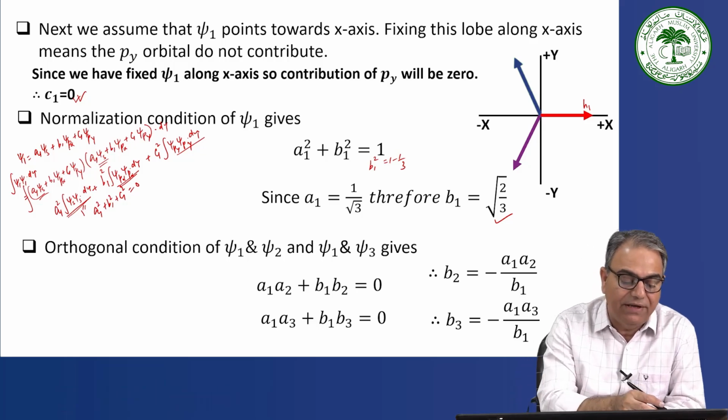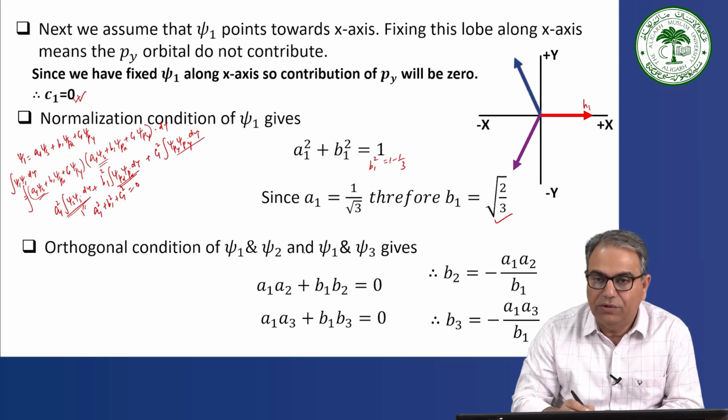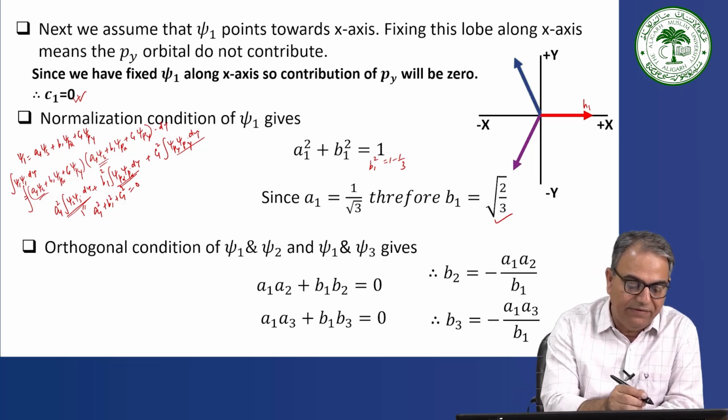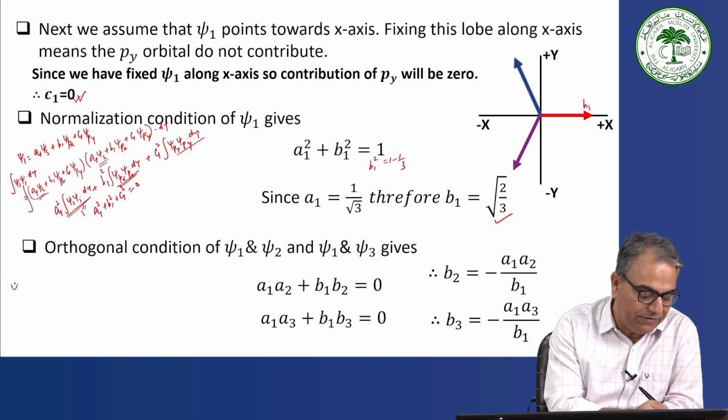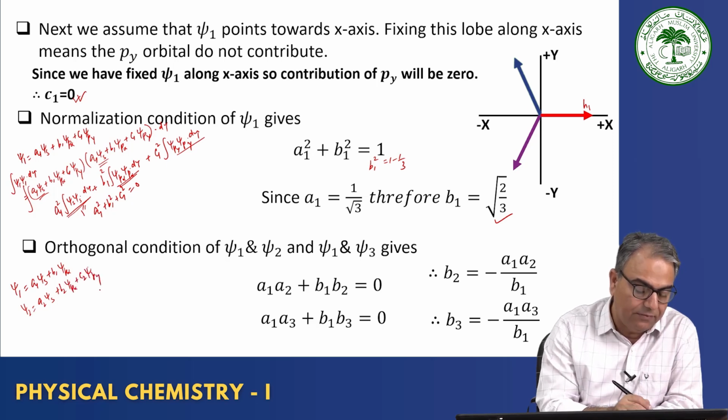Now, similarly, as I have written the normalization condition, you can write the orthogonality condition of psi 1 and psi 2, and psi 1 and psi 3. And from there you will get a1 a2 plus b1 b2. Say if I write, now I will not write the third term, psi 1 I have reduced to a1 psi s and b1 psi px. And psi 2 I will write all three terms, a2 psi s plus b2 psi px plus c2 psi py.